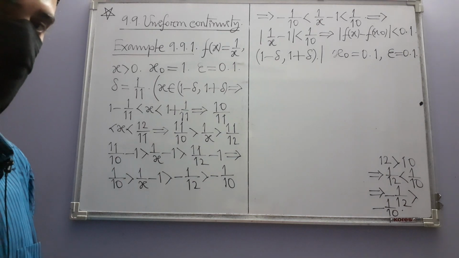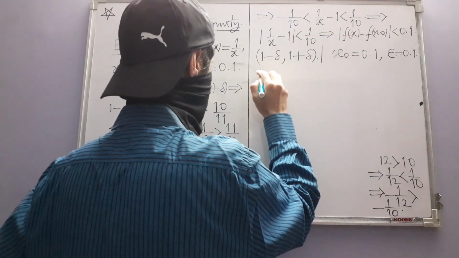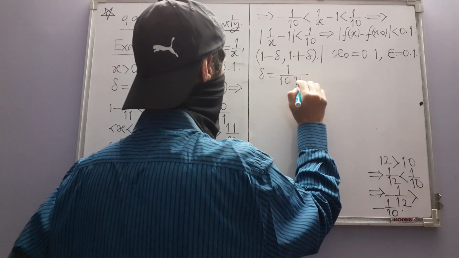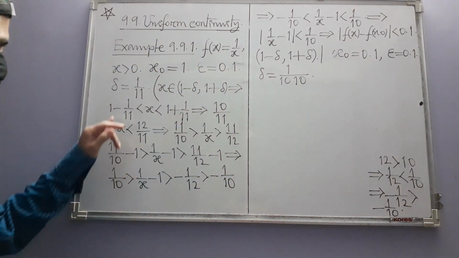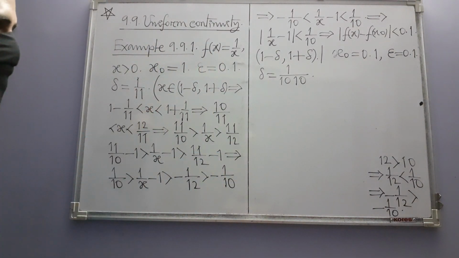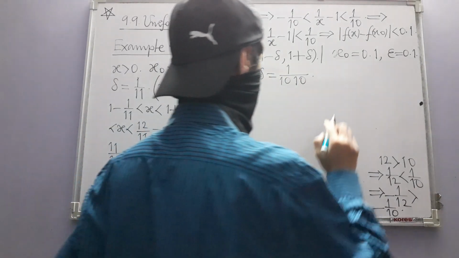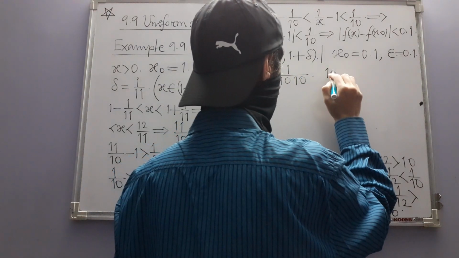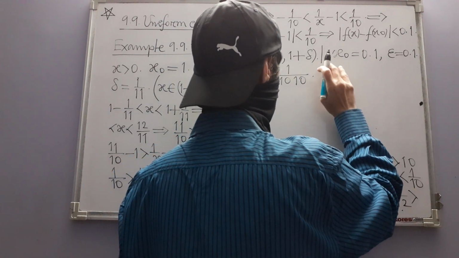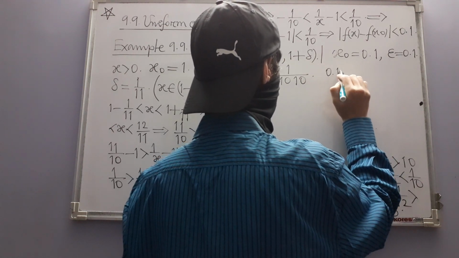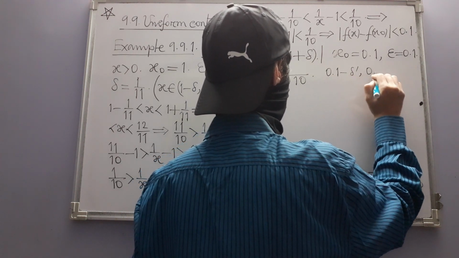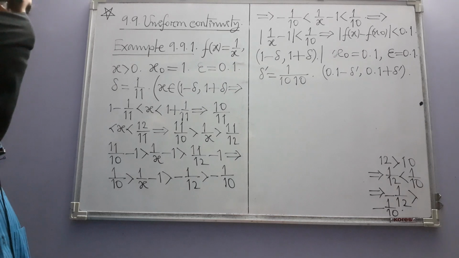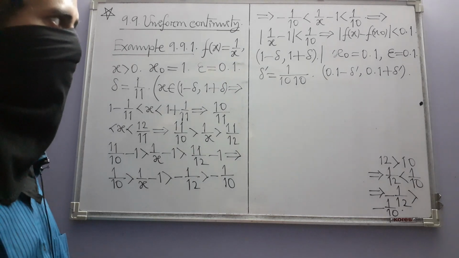The author says that now a new value of delta has to be chosen, and he suggests this delta, which is much smaller than the previous one, 1 over 11. And if you want, you can go through the calculation and see that now, let me just call it delta prime, say. Oh, now the point has also changed. No? It's 0.1 minus delta prime, 0.1 plus delta prime. This is a new island of stability around the new point 0.1.